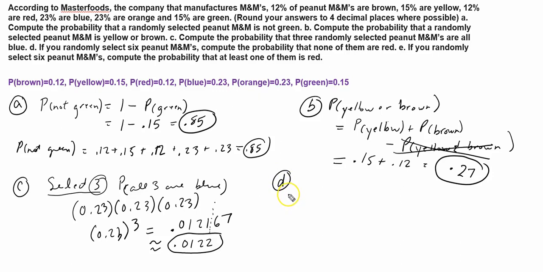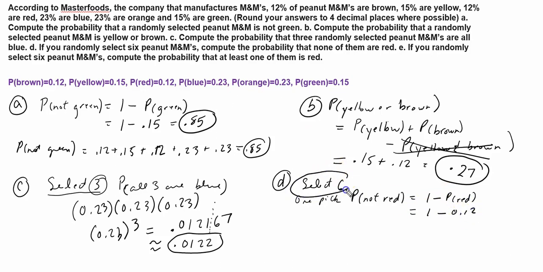Okay. Now part D is, let me read. Suppose you randomly select 6 peanuts. Select 6 at random. What's the probability that none of them are red? Okay. Well, for one pick, the probability of not red is 1 minus the probability that you get red, which is 1 minus 0.12.